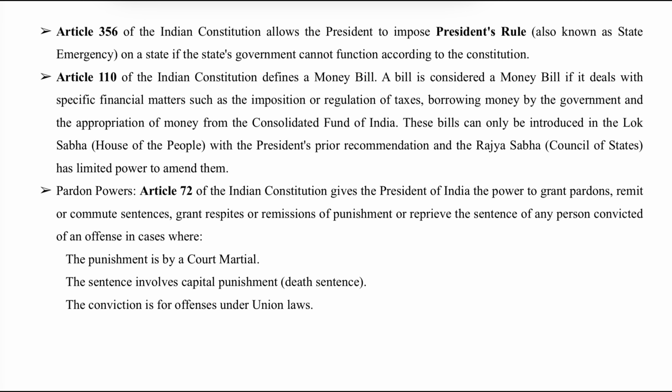Article 356 of the Indian Constitution allows the President to impose Presidential Rule. Article 110 of the Indian Constitution defines a money bill. Article 72 is related to pardon powers.